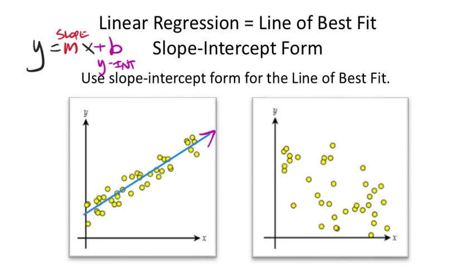This would be the y-intercept, or the b value, and then the slope was found by seeing how far up and then to the right it goes. Or in this other graph, this one, again, that's approximately the line of best fit. This one would have a y-intercept here, and then the line goes down and then to the right. Up and to the right is positive slope, down and to the right is negative slope.